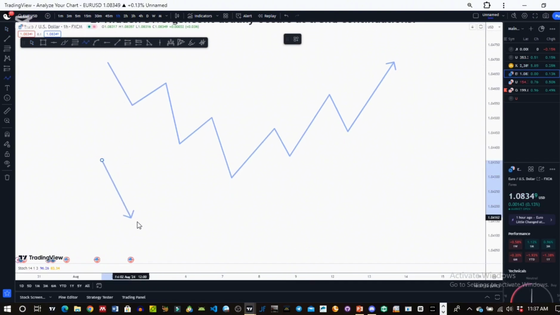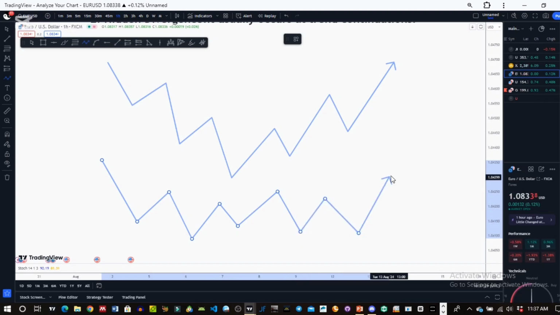Now for the indicator, you're having it moving in opposite direction.